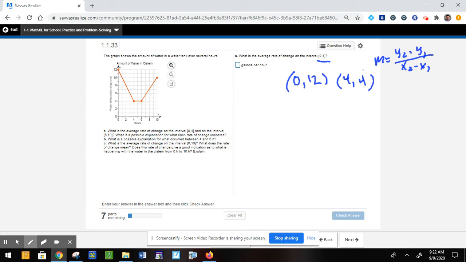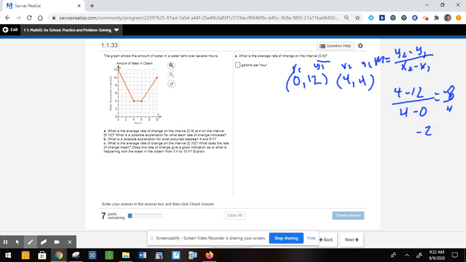So now we're just going to use the slope formula. That's x1, that's y1, x2, that's y2. 4 minus 12, y2 minus y1, over 4 minus 0, which is x2 minus x1. You end up with negative 8 over 4, which reduces to negative 2.